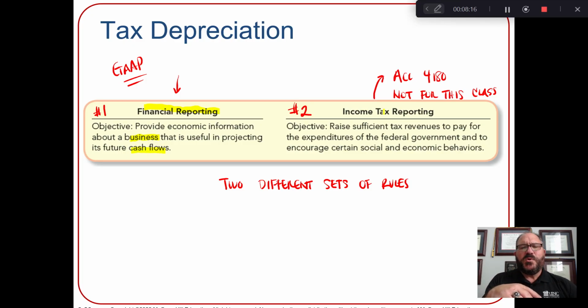And income tax reporting is different. And there's 2 different sets of rules. So just to let you know, income tax accounting and financial accounting, not anywhere near the same thing. And by the way, this tax depreciation, not for this class, you're going to see that if you're an accounting major, in ACC 4180. So just know that there's a difference there, okay?